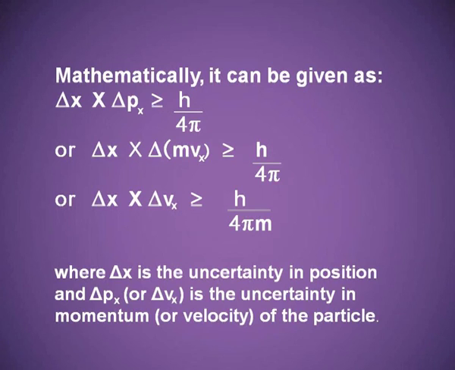Δx is uncertainty in position. Δp is uncertainty in momentum. And since momentum is the product of the mass and velocity, we can also write Δp as mΔv. Why mΔv? Because m is a constant quantity, so we are not putting delta before m.